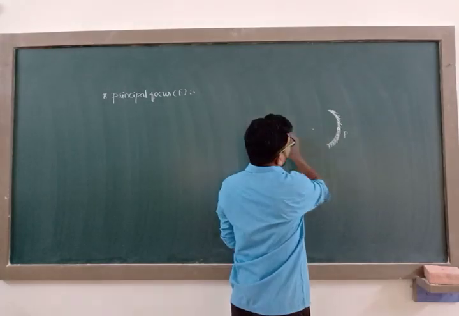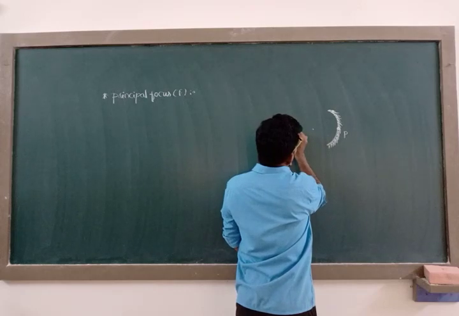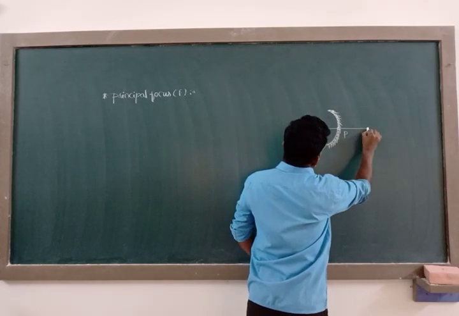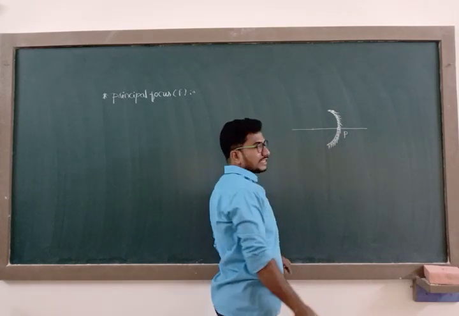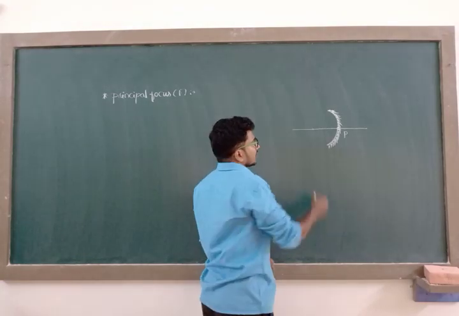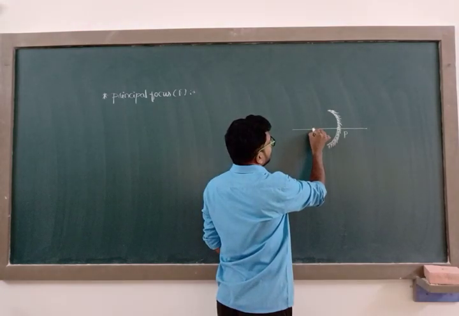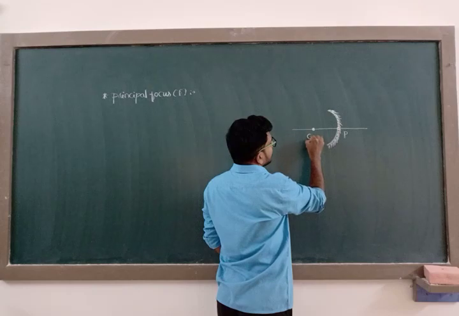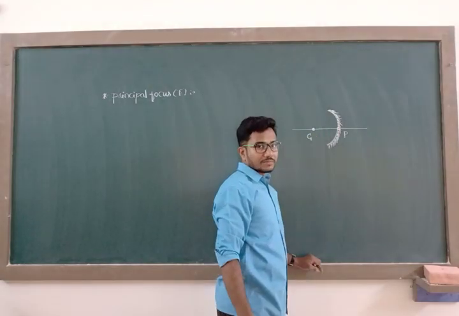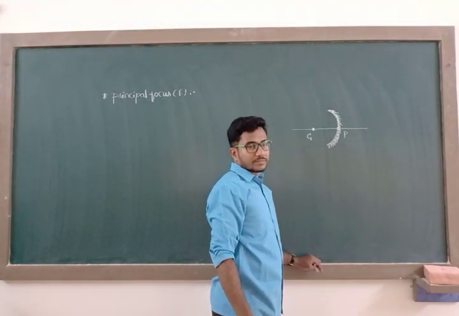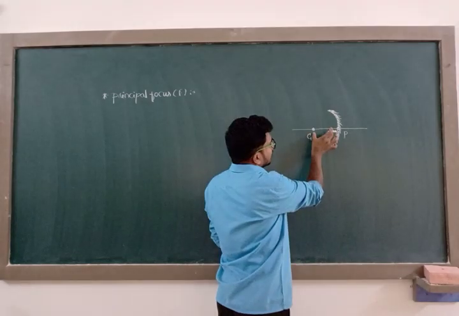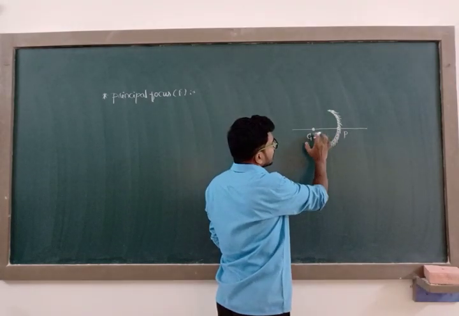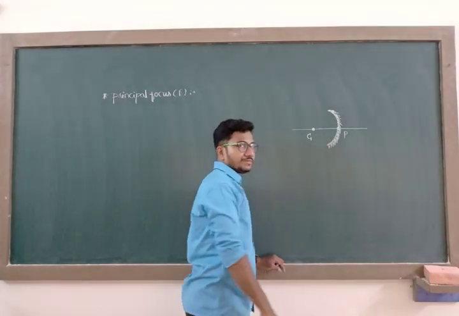The straight line passing through center of curvature and pole, that straight line is known as principal axis. For here, this point is center of curvature. It is represented by capital C. The distance between center of curvature and pole, this distance is radius of curvature.